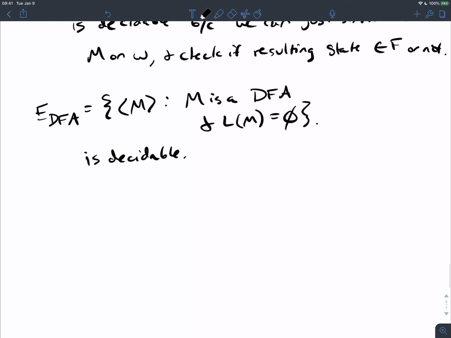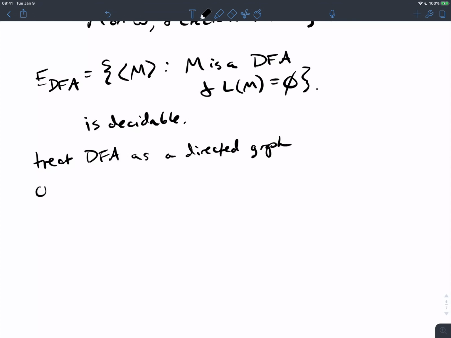Yeah, so in fact, we can use our 310 knowledge to solve this problem. So treat the DFA as a directed graph and check if there is any directed path from Q0 to any state in the final states.